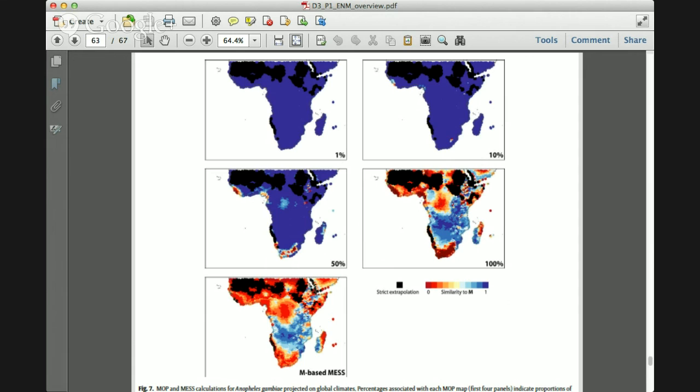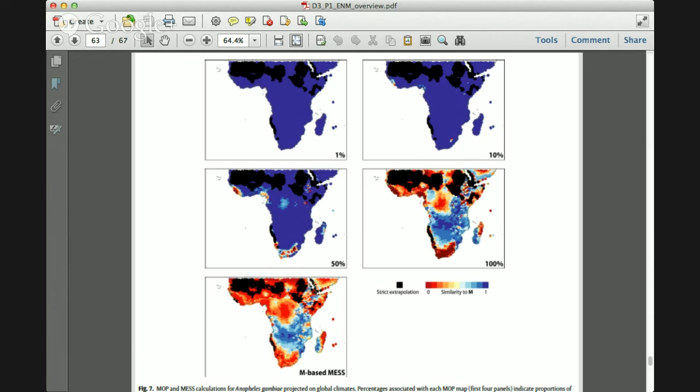But then even when things are not out of range, they can still be relatively different from the calibration area. And those are shown in the red in these different panels. Ignore the bottom panel, perhaps. But where you see red is an area where the conditions are relatively different.